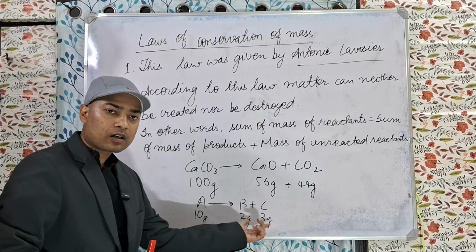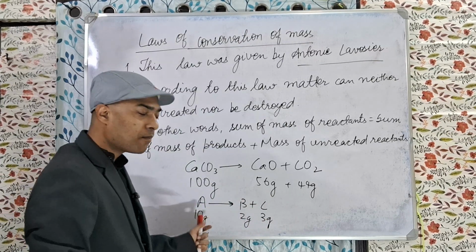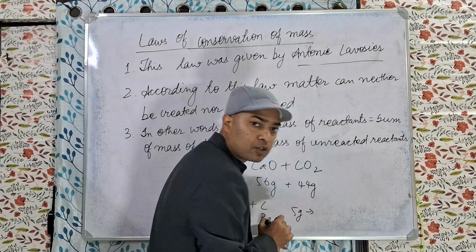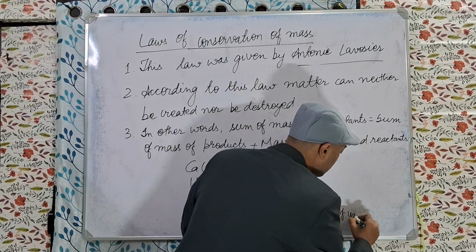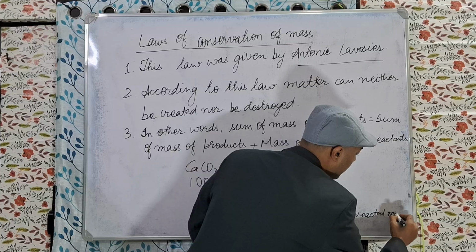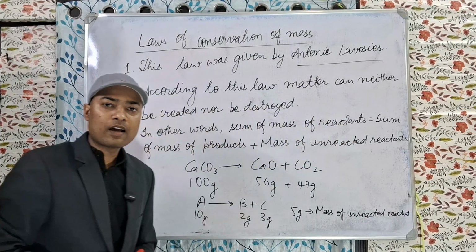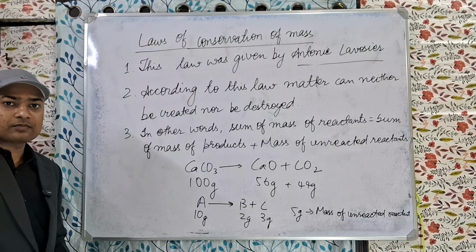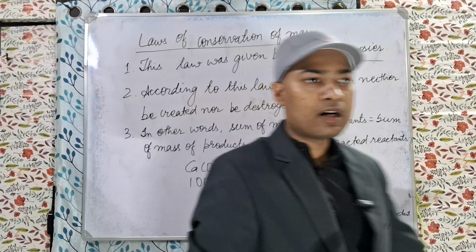And what is the mass of product? 2 plus 3 gram, that is 5 gram. So the mass of unreacted reactant will be how much? 10 minus 5 gram is equal to 5 gram. So 5 gram is the mass of unreacted reactant. Okay, I hope I am clear to you. So you can note it down.